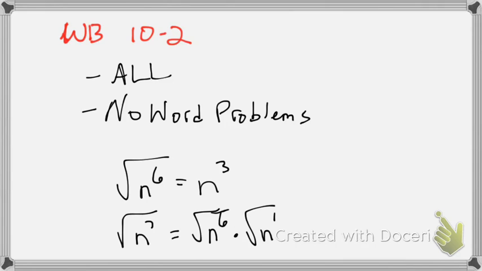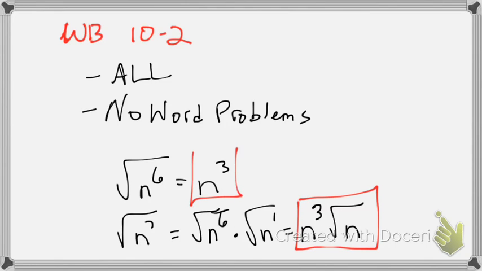That's essentially 1 right there. Okay? That n to the 6 becomes n to the 3rd, and that comes out of the radical. That n, what we have left, stays in there. So that would be your simplified answer. Okay, does everybody see that?